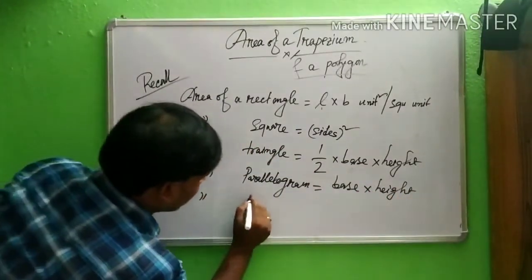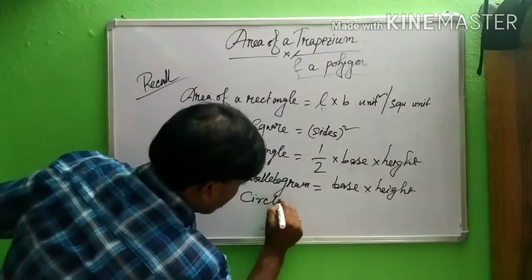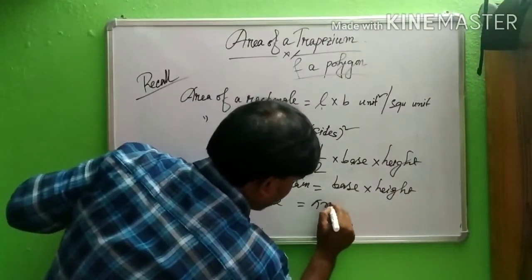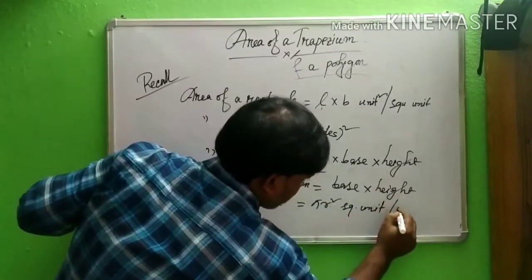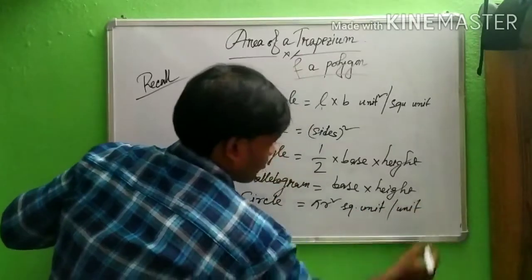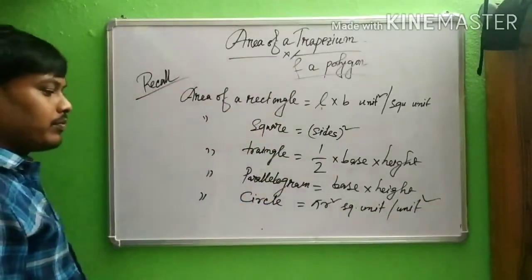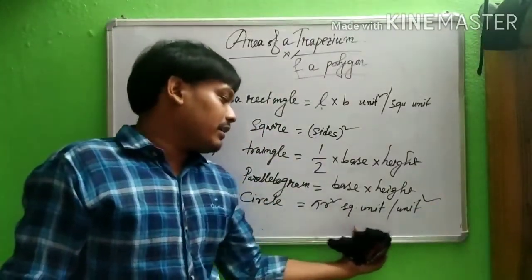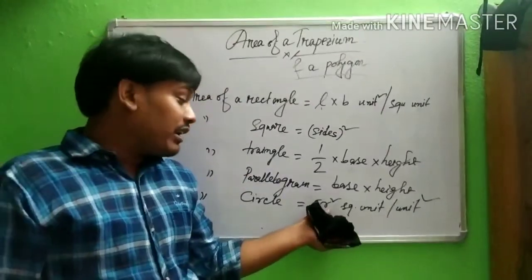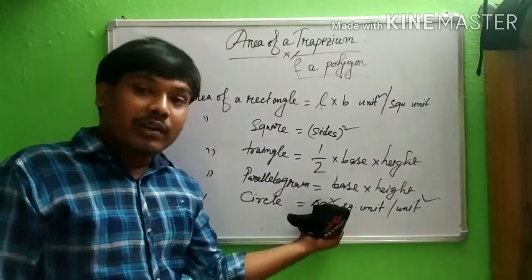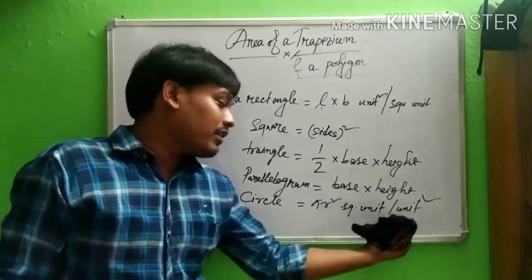Area of a circle, pi r square, square unit or unit square. Okay. Here I wrote the unit because here you write not radius but only r, that means only one value. So you must write unit square.